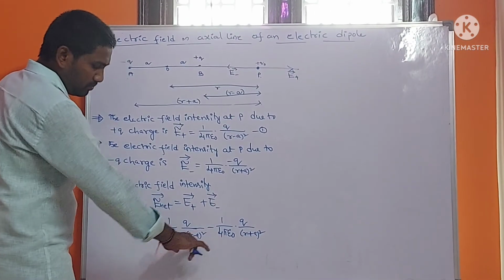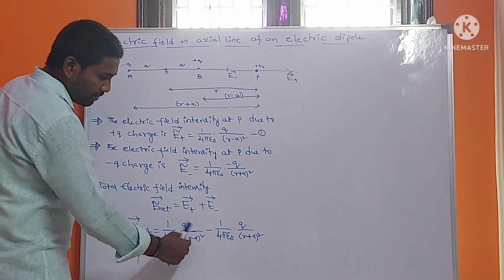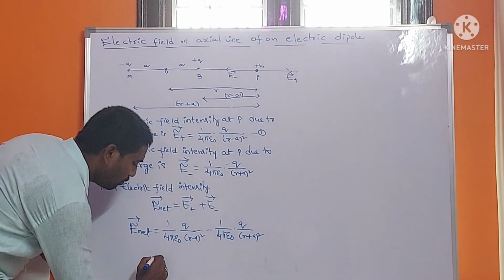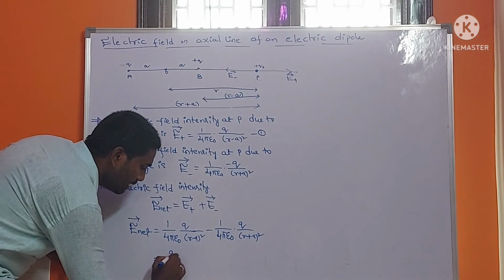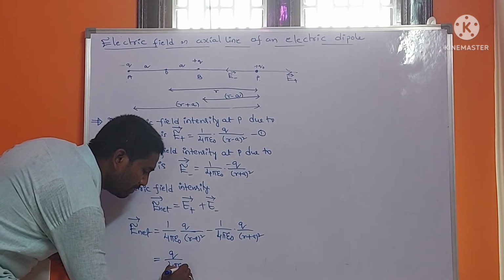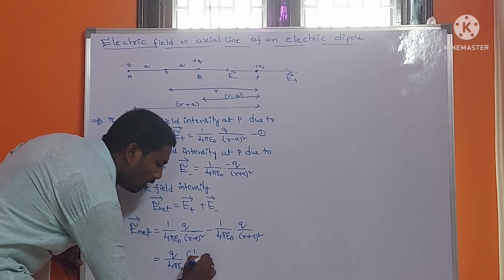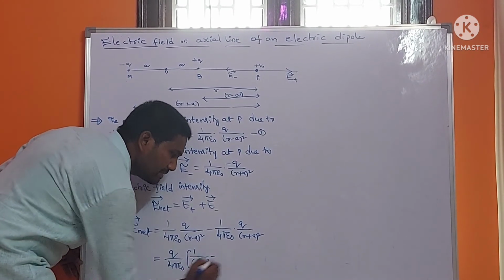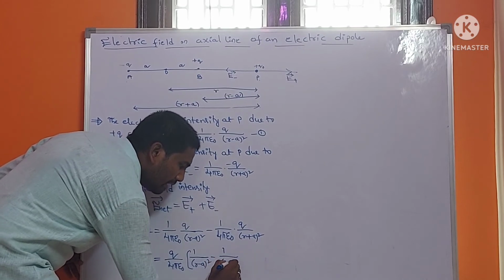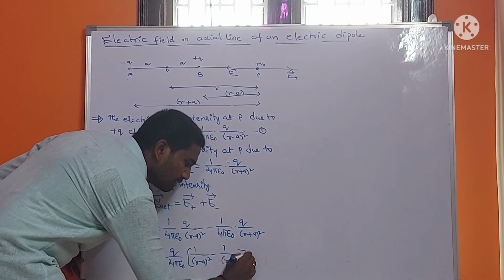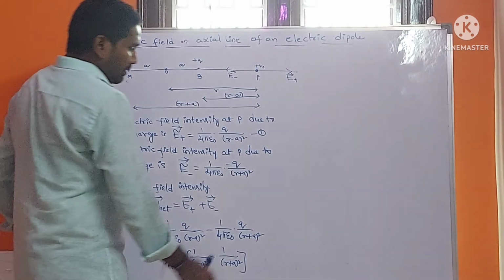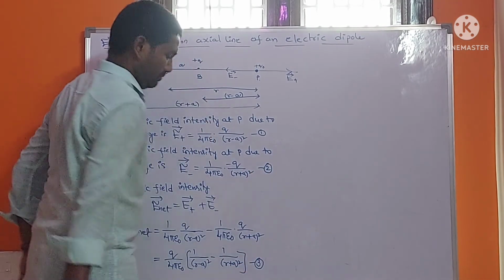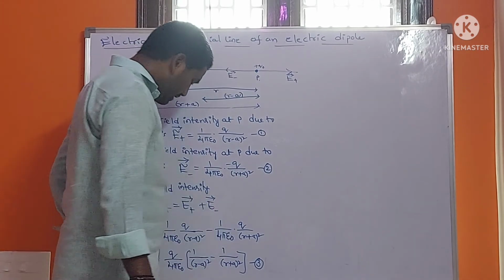In these two terms, Q by 4 pi epsilon naught is the common term. So we will write Q by 4 pi epsilon naught into 1 by R minus A whole square minus 1 by R plus A whole square. This is the equation number 2. This is the equation number 3. Okay, rewrite the equation number 3.